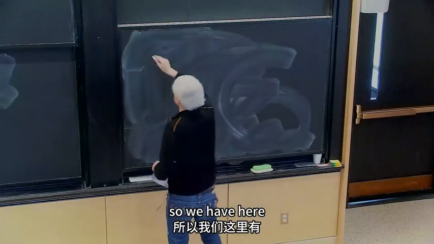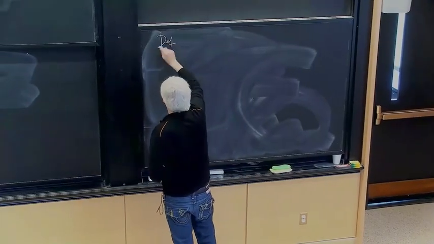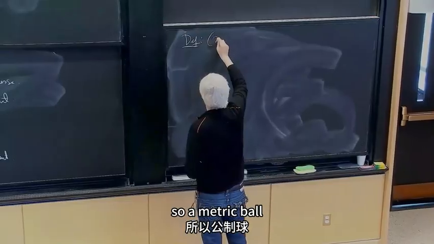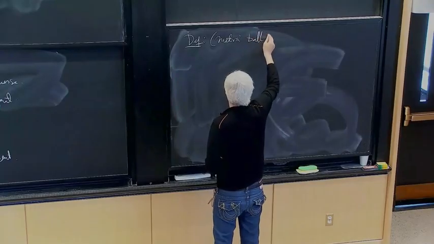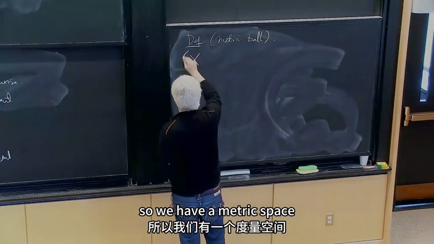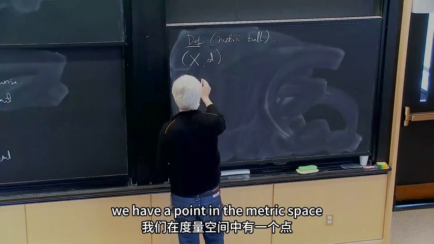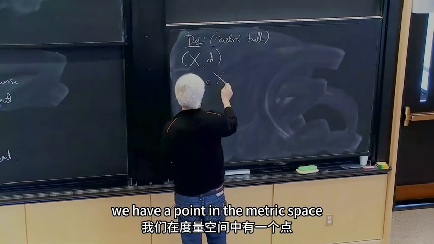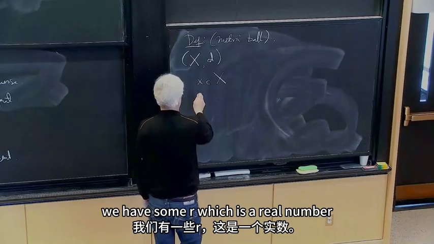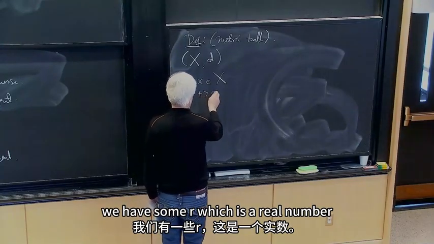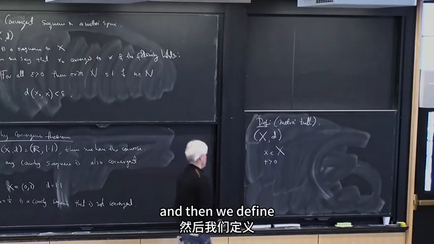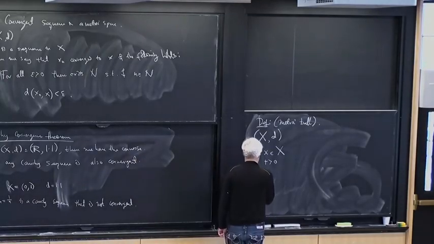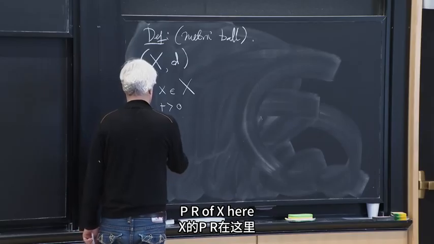So we have here a metric ball. We have a metric space, a point x in the metric space, and some r, which is a positive real number. Then we define B_r(x).